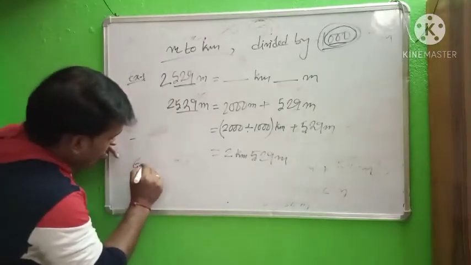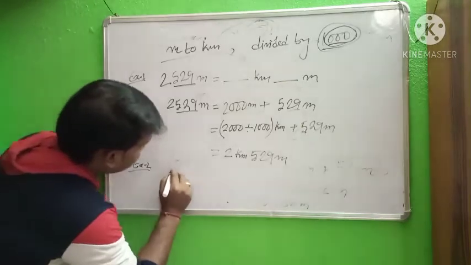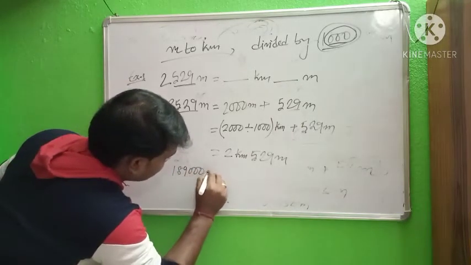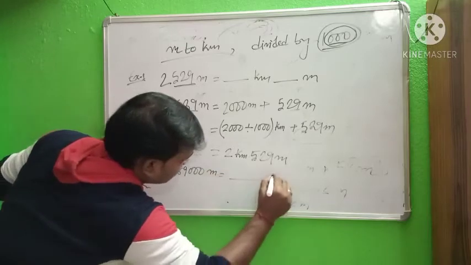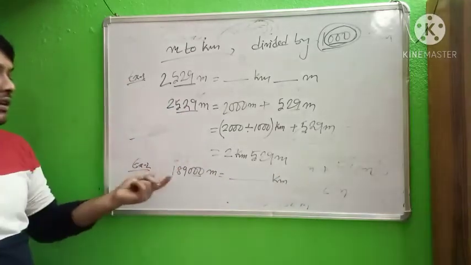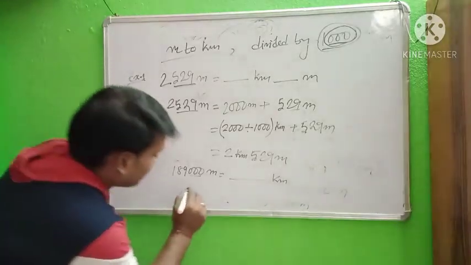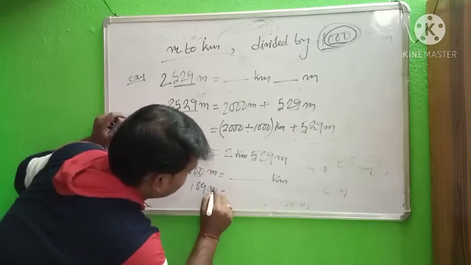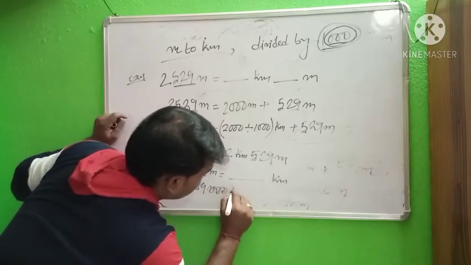Example 2, 189,000 meter equal to how many kilometer? Since the last three digits are 000, it is very easy. So 189 thousand meter.